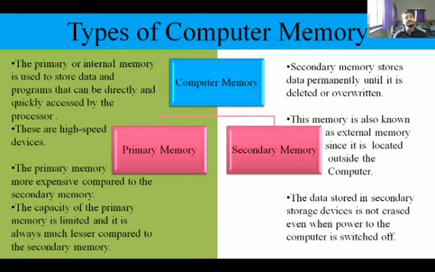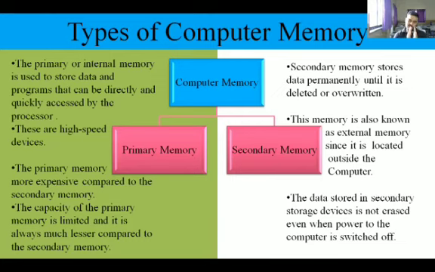Now these are so expensive but of small sizes. It means if you want to purchase a larger size primary memory, it will cost you a lot. So they are high speed, but they are costly also. And capacity is limited because it is primary memory.